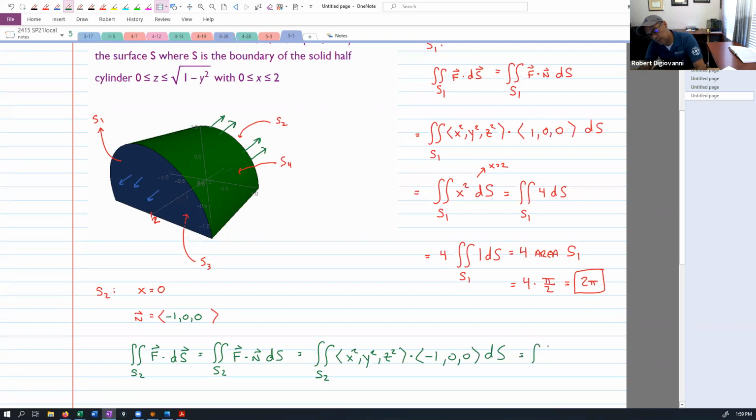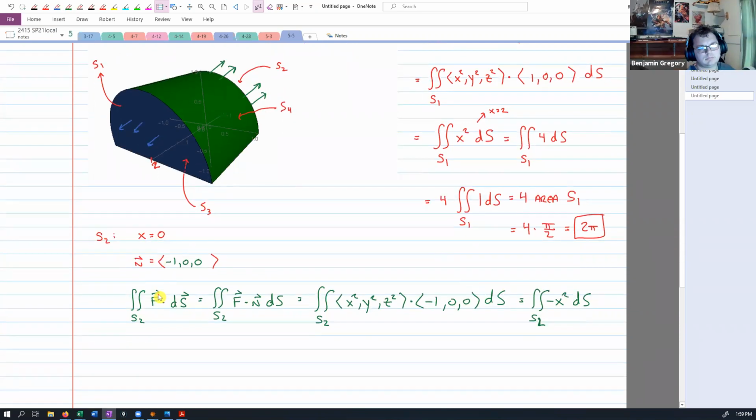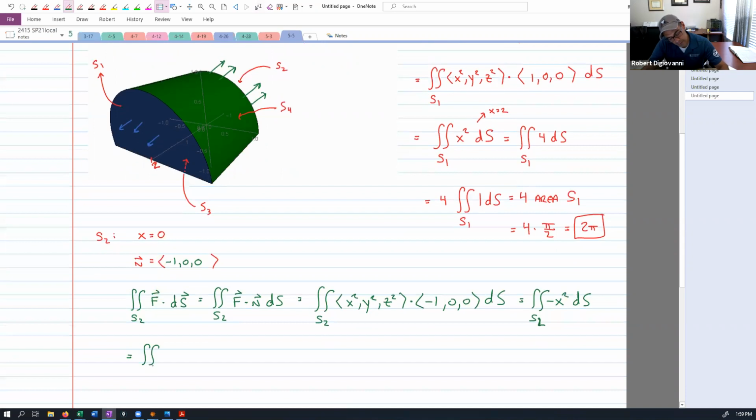But that's just the integral over S2 of negative x squared dS, but x is 0, right? So this just becomes 0. So we have no contribution to the flux off the backside. Moving on to S3.